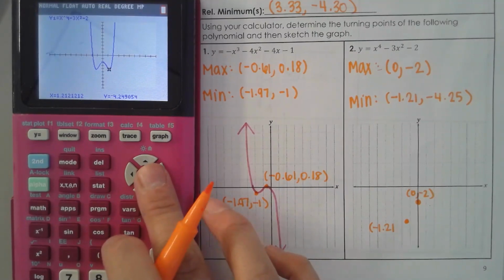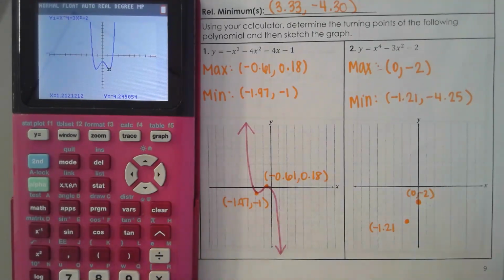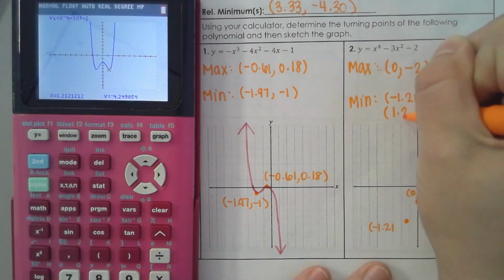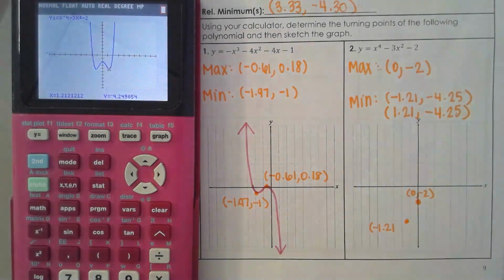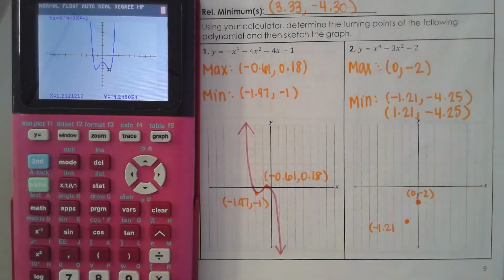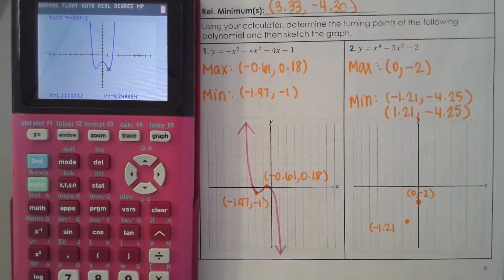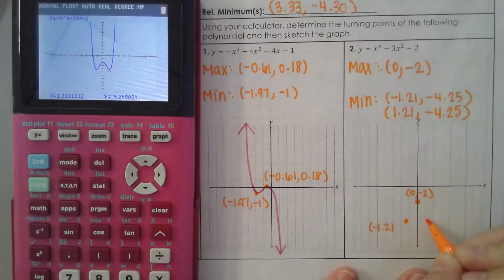And then go back over to the other minimum, which is at a positive 1.21, negative 4.25. So that one, right there.